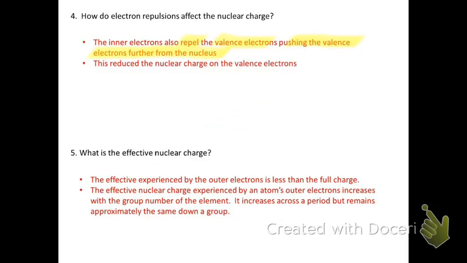And remember, when those valence electrons are further from the nucleus, it cannot attract them as easily as if they were closer. So we're going to see a reduction in nuclear charge on the valence electrons.